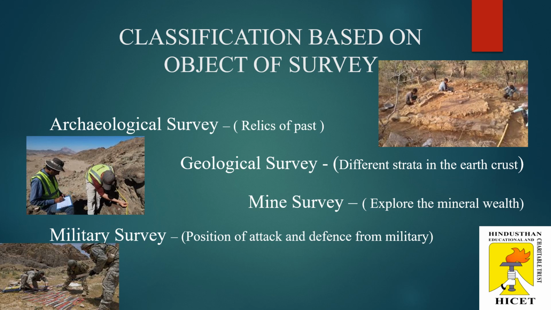Mine survey, this type of survey is done to explore the mineral wealth such as gold, coal. So like that mineral can be explored with the help of mine survey. The next one is military survey. This type of survey is done to determine the best position of attack and defense from military point of view. So that is called military survey.